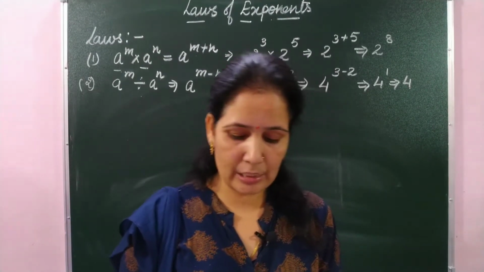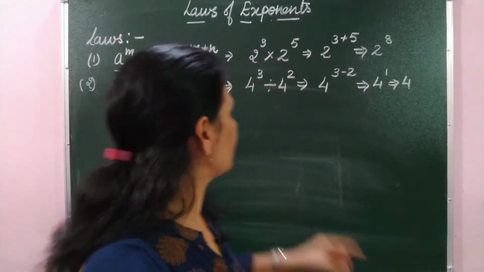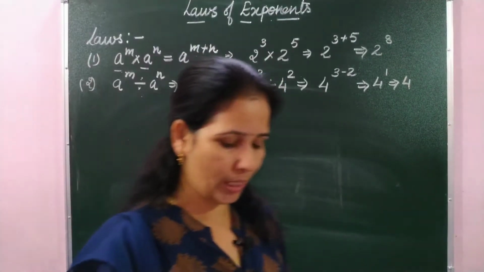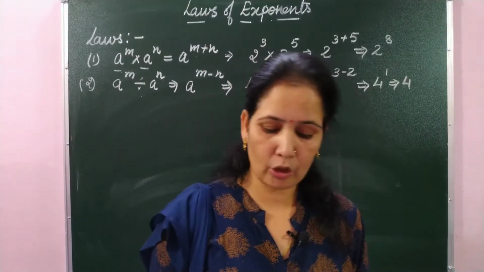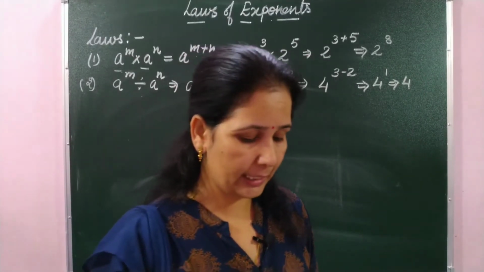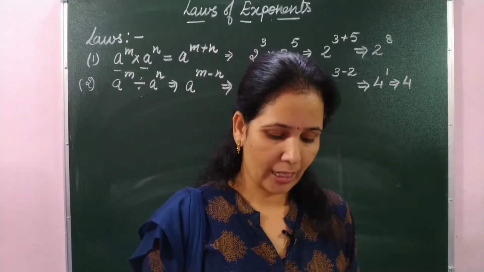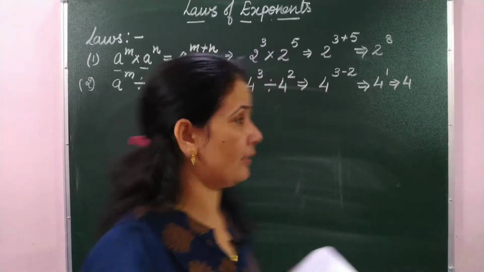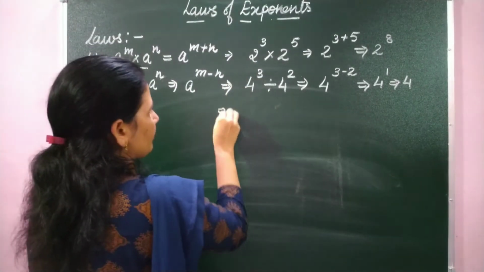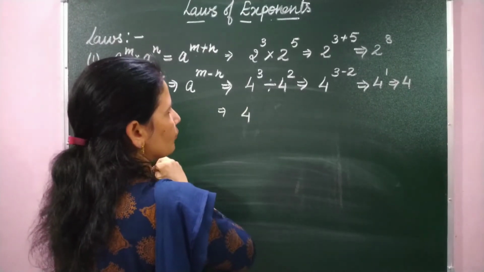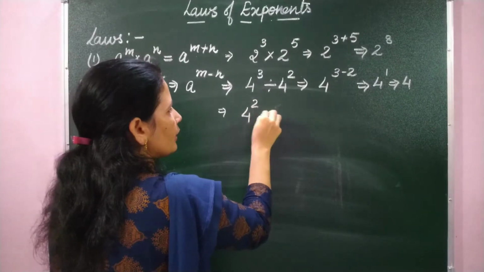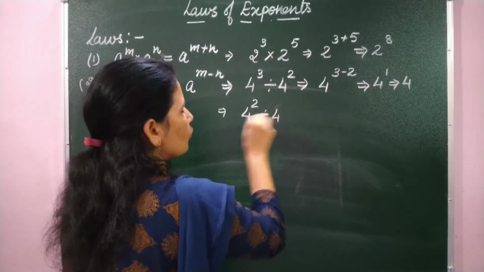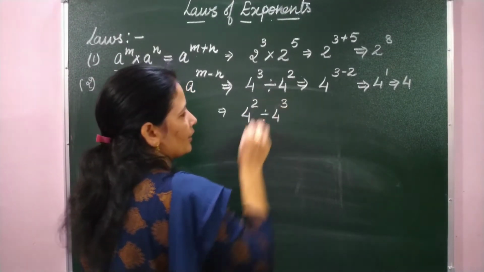And students, one more question is here. If in case of rational number, if a is a non-zero rational number and m and n are natural numbers and m is bigger than n, that means I'm going to explain. For example, 4 raised to the power 2 divided by 4 raised to the power 3.